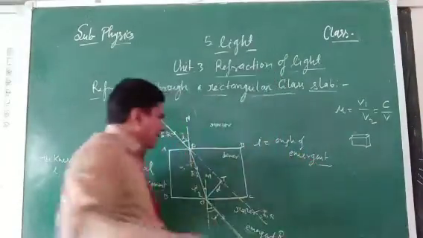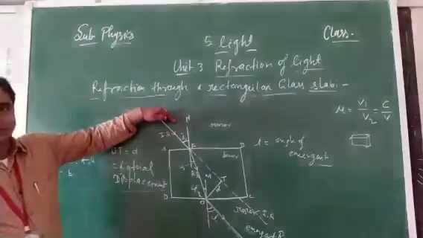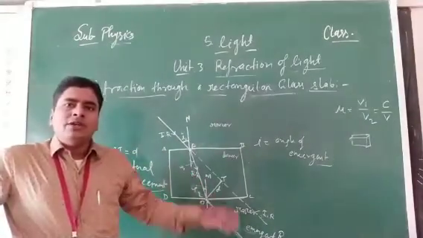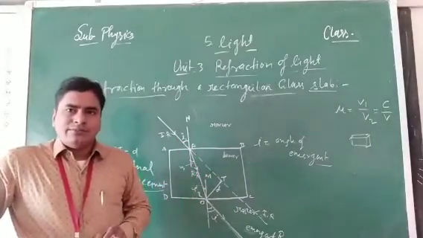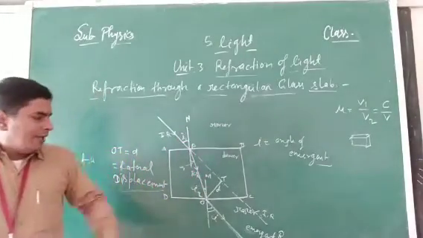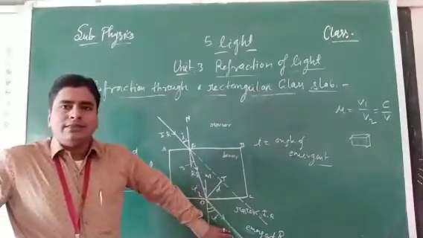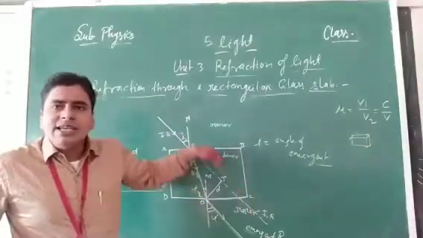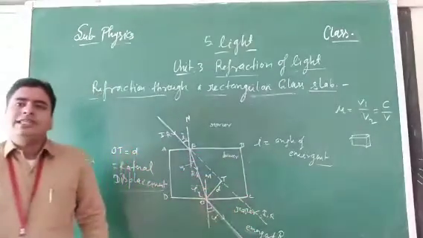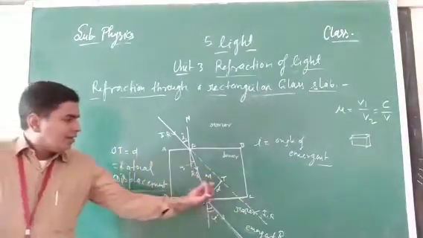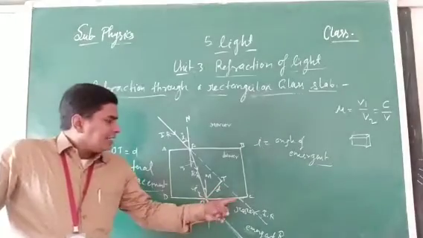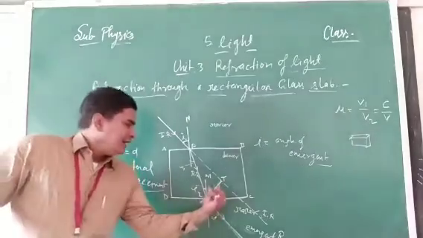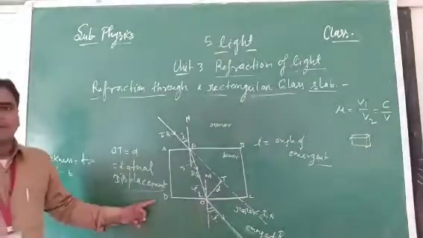So, in this way, the light ray passes from a rarer to a denser medium, then from denser to rarer medium again, through the rectangular glass slab. Finally, the emergent ray becomes parallel to the initial incident ray. This perpendicular distance between the initial incident ray and the emergent ray is called lateral displacement.